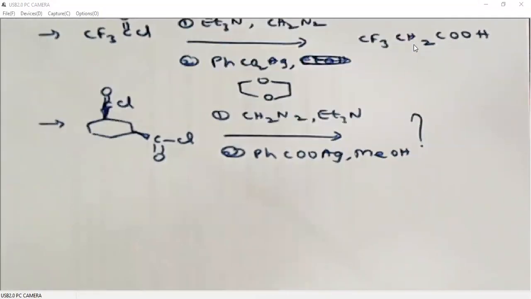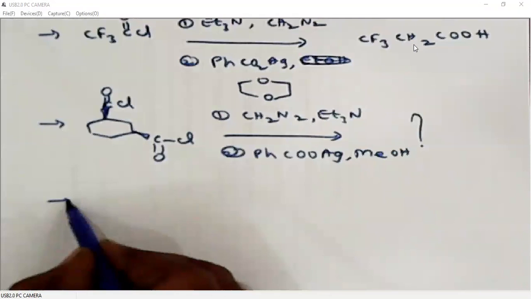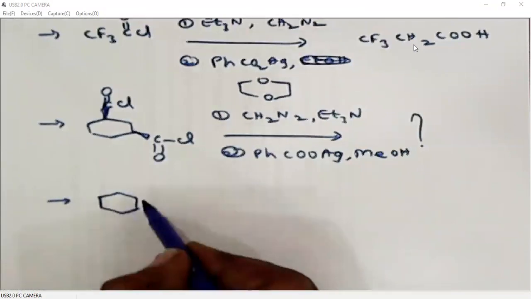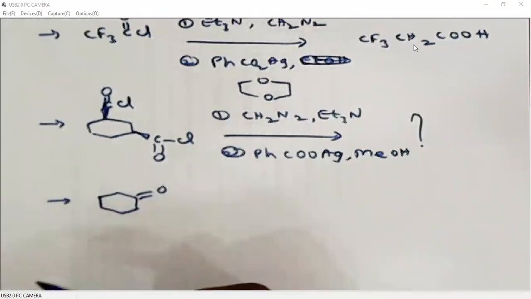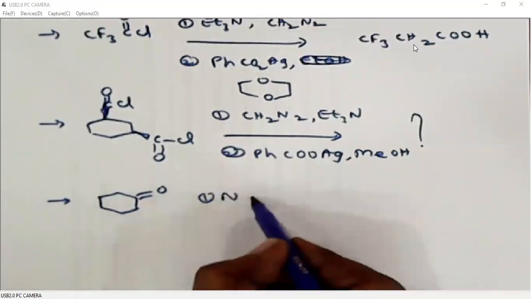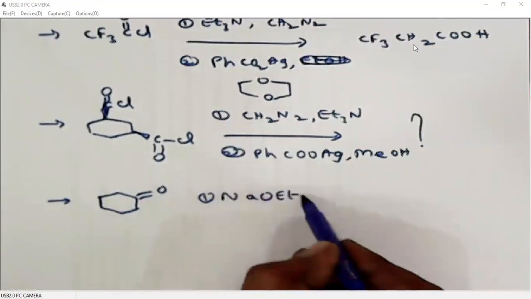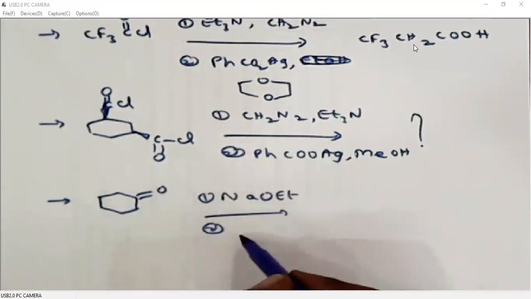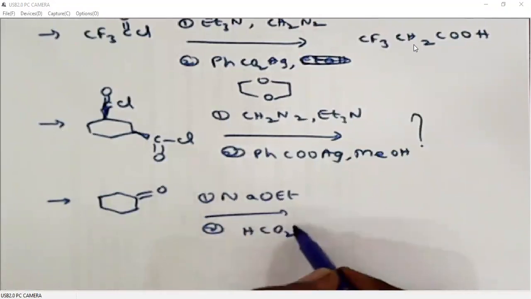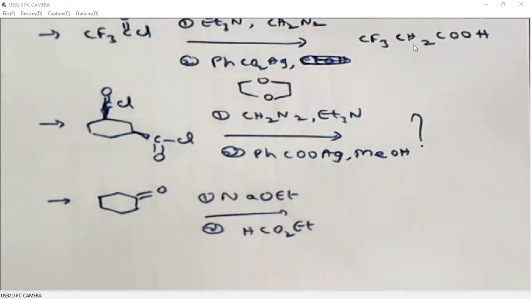Alpha diazo ketones can also be generated in this fashion. When carbonyl is treated with sodium methoxide and ethyl formate, ethyl formate is used for alpha formylation.